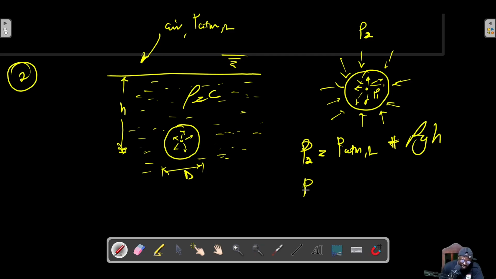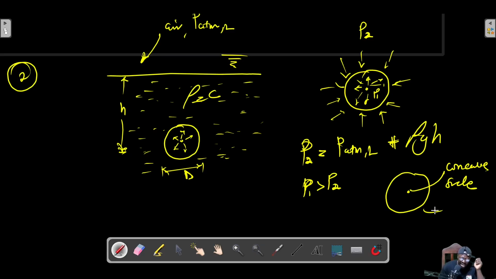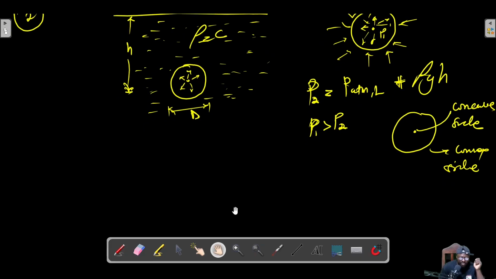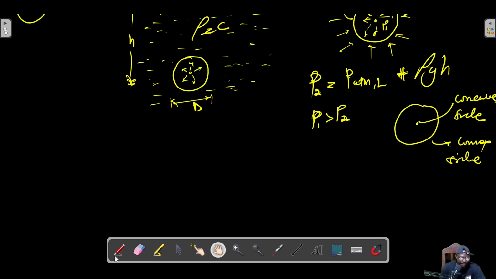Now, P1 is greater than P2. We've already established that for a curved interface, the pressure on the concave side is always greater than the pressure on the convex side. So if we have a droplet, the inside is the concave side and the outside is the convex side. I've already told you this in the previous lectures.